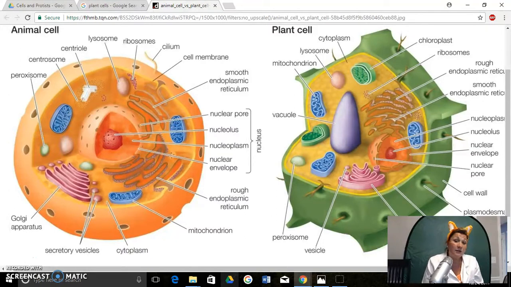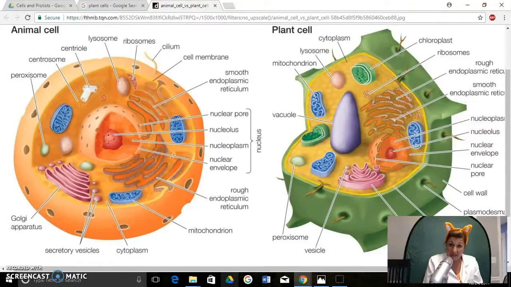Under a microscope, it's going to look more square-like, and you'll be able to see the rigid cell wall, and it's going to be more round for an animal cell. So shape and color are good things to determine if you're looking at plant or animal, but they're not the first things. The first things we look for are the cell wall and the chloroplast, and then we can go to structure or shape to tell if it's a plant or an animal cell.